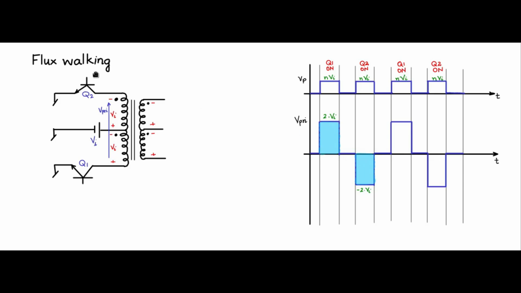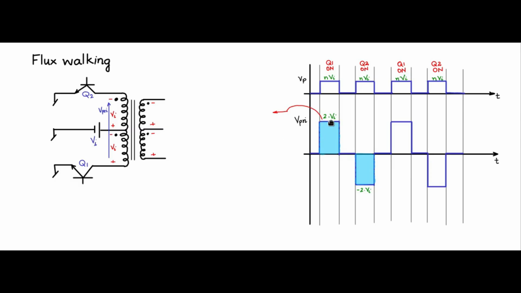This is the fundamental physical nature of the coil, where you cannot have an average voltage across the coil.